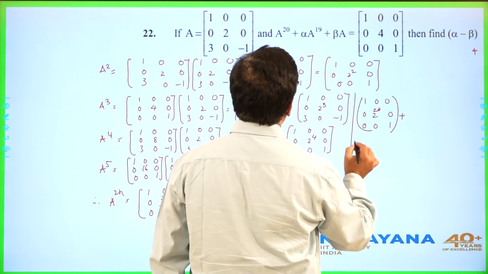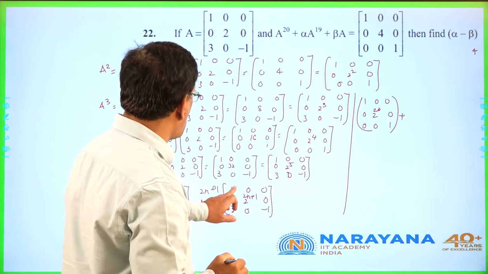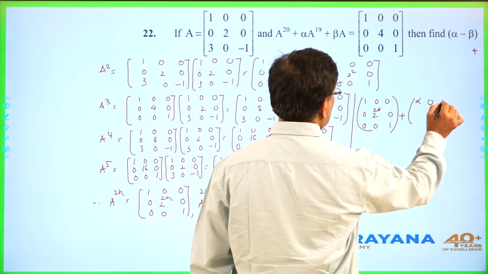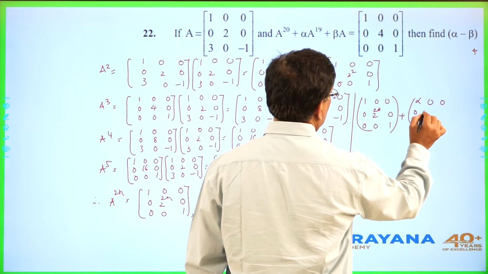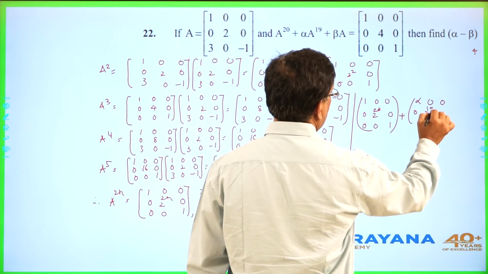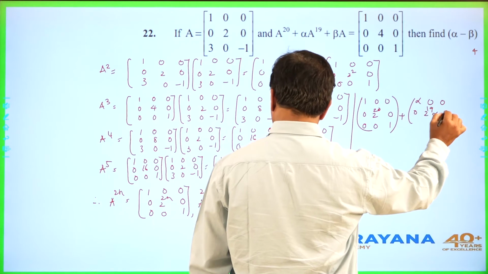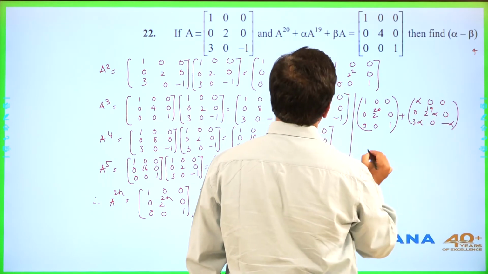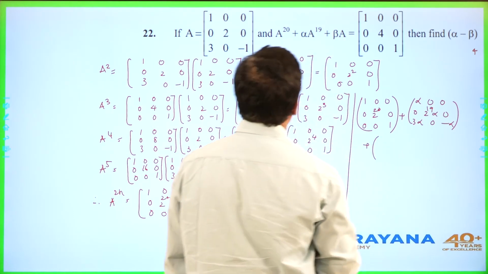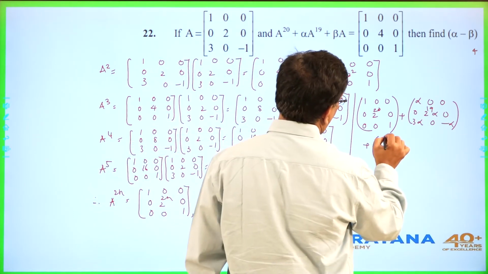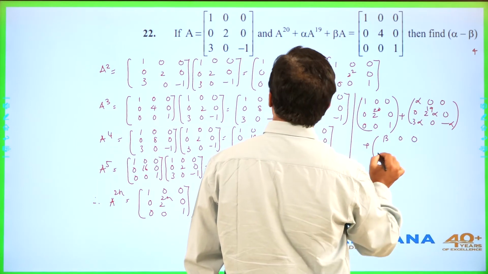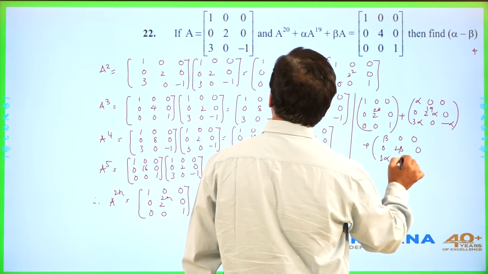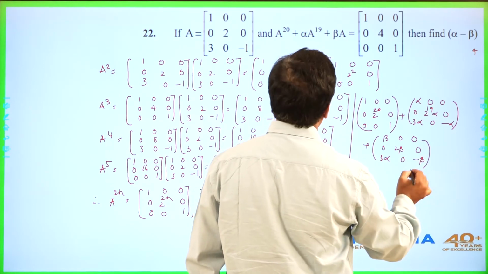Plus alpha into odd, that is this one: alpha, 0, 0, 0, 2 power 19 alpha, 0, 3 alpha, 0, minus alpha. Plus beta into a, that is beta, 0, 0, 0, 2 beta, 0, 3 beta, 0, minus beta.